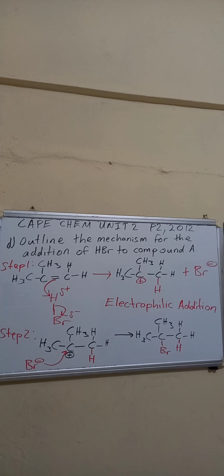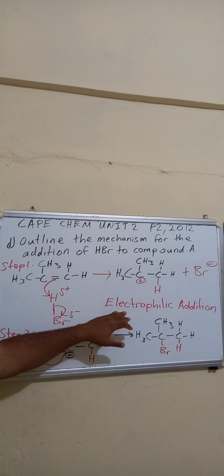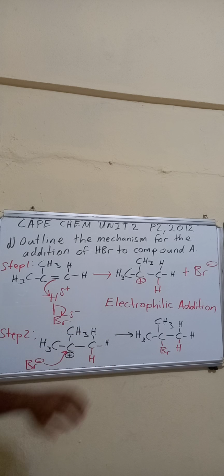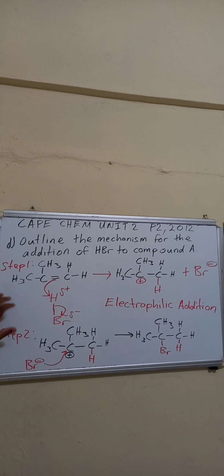Remember the alkene is a nucleophile because of the double bond, so it will attack electrophiles. So it is electrophilic addition. It's not substitution because we are not substituting anything. We are just adding. So it is electrophilic addition. So that's the question.